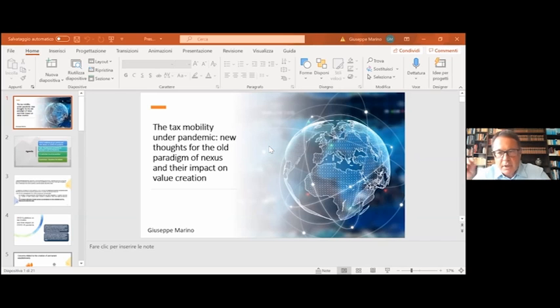It is helping the technicians to determine the real value depending on where the functions and the risks can be allocated.